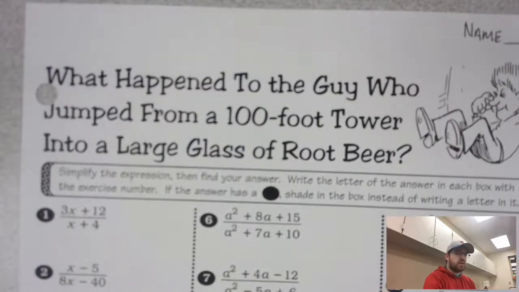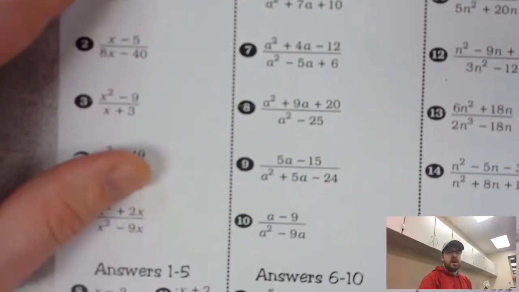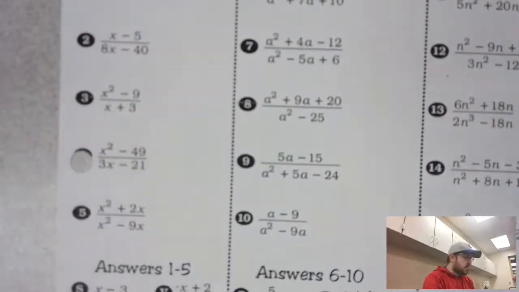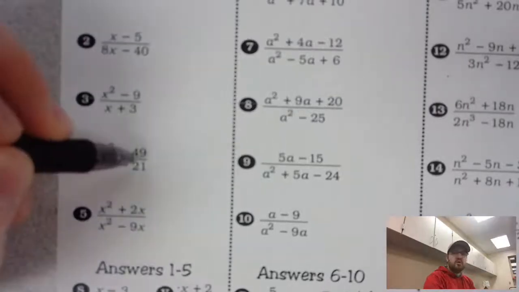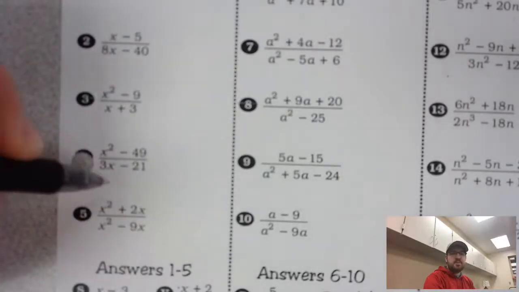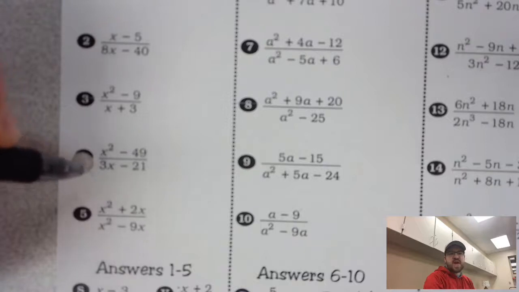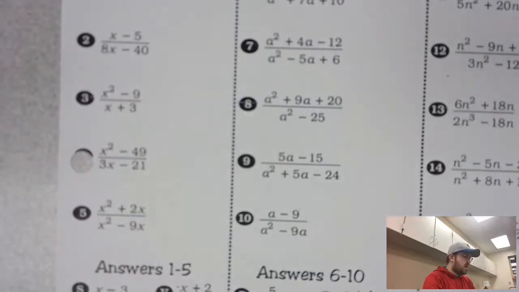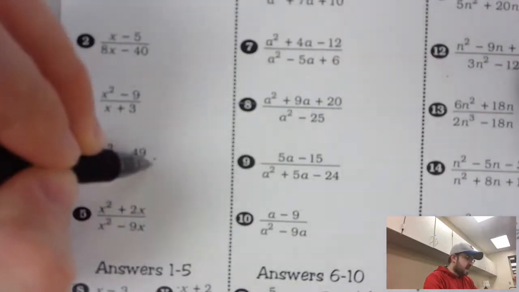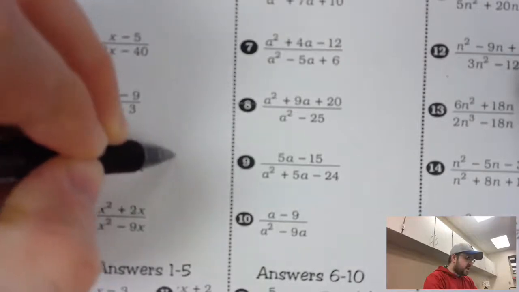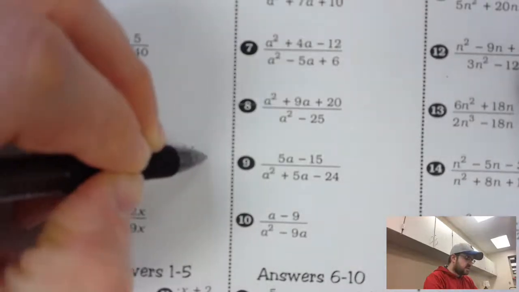All right, so we're going to start here with number 4 on the paper. If we're looking here at number 4, we can see it's x squared minus 49 all over 3x minus 21. What we want to do here is think, how do we factor this? Well, on the top, it factors to x minus 7 and x plus 7.